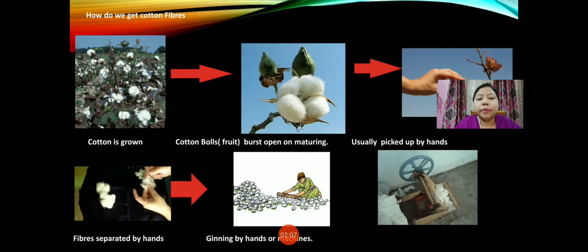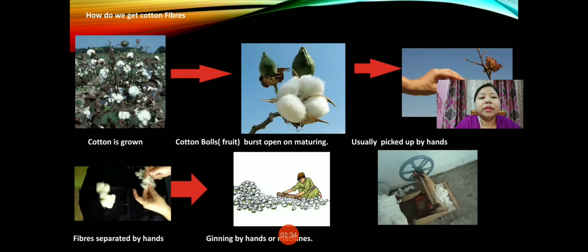The cotton plant is grown on a large scale in the field, and it bears a green fruit, the size of a lemon, called cotton bolls. When the cotton bolls mature, they burst open and the cotton fibers are exposed.